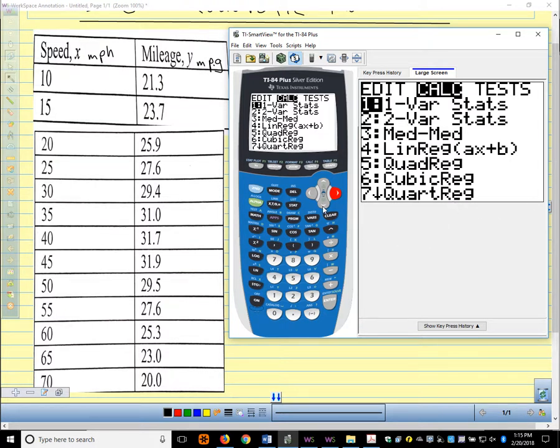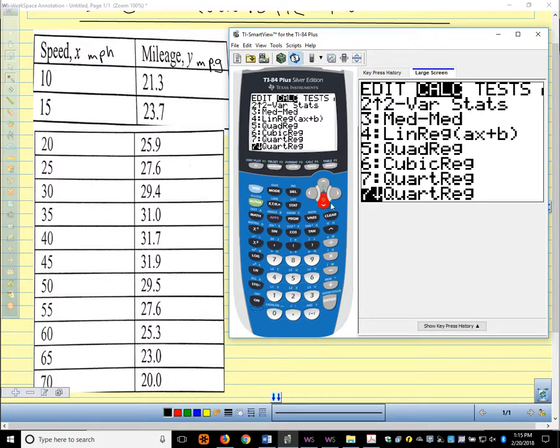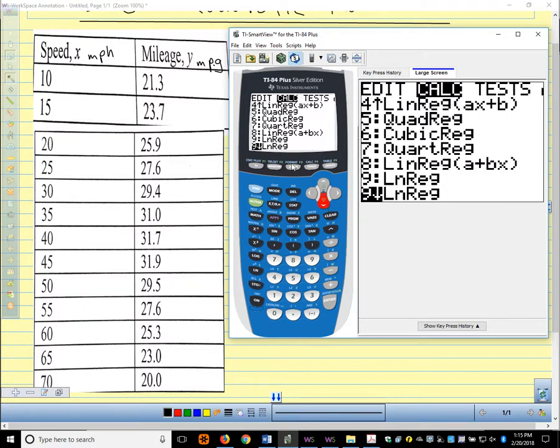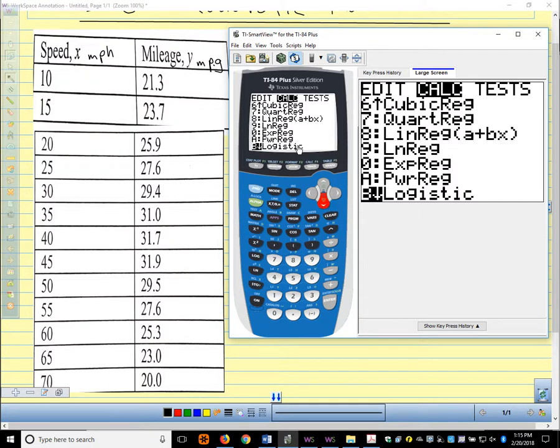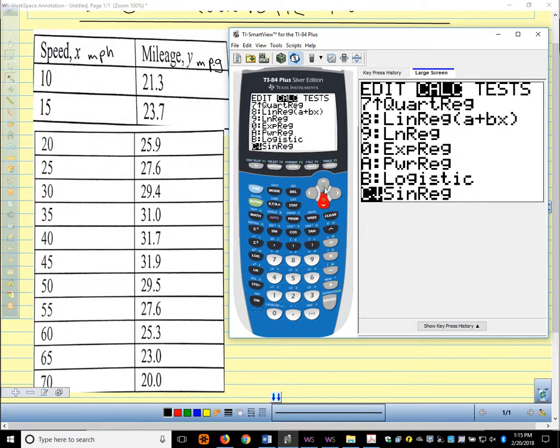I'm just going to scroll down to talk about some more of these because not all of your data is going to be quadratic. The different type of linear regression, logarithmic regression, that's what ln means, exponential regression, so like exponential growth or decay, power regression, logistic regression, sine regression.